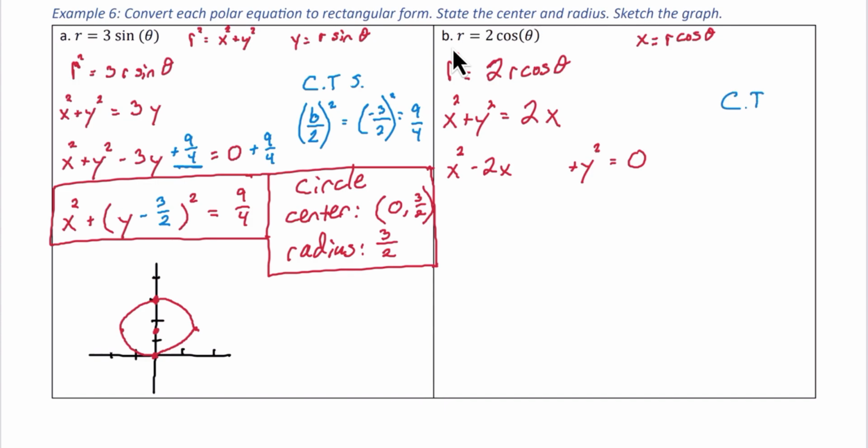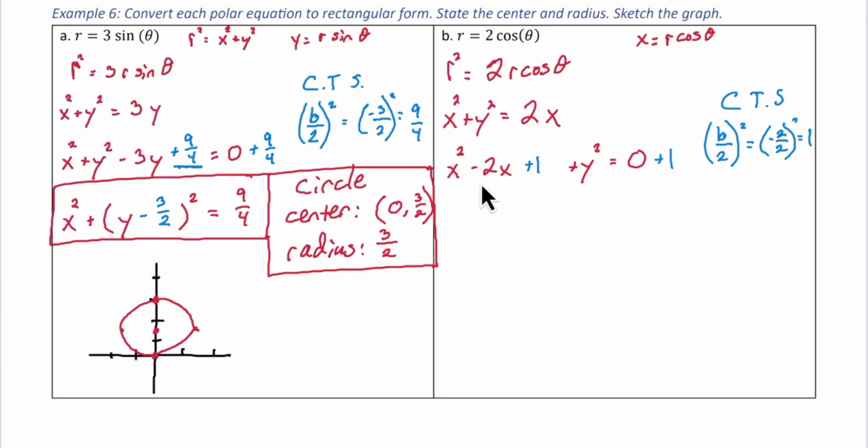Again, in order to complete the square, we use the formula b divided by 2 squared. B in this case is -2. So we have -2 divided by 2 squared. -1 squared is 1. So we're going to add 1 to the left side, and if we do it on the left, we got to do it on the right as well.